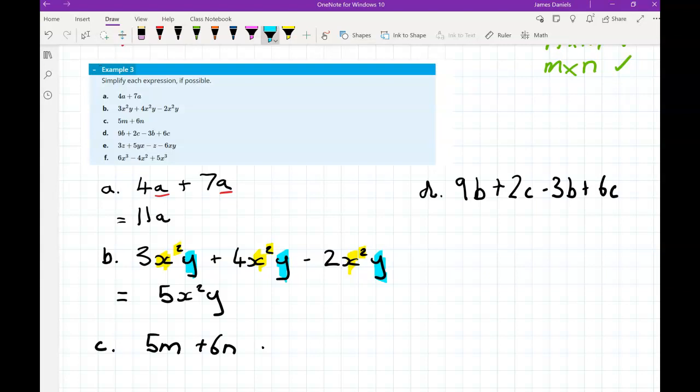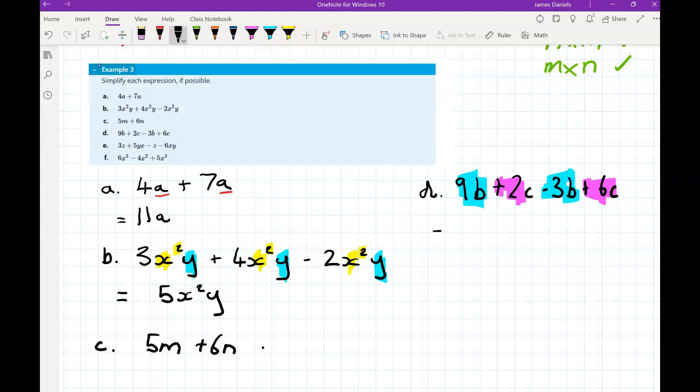Let's look at our first term, 9b. There's a like term there, minus 3b. Here I have plus 2c and plus 6c. Notice I'm taking the sign with it at the front because that's telling us what to add and subtract.